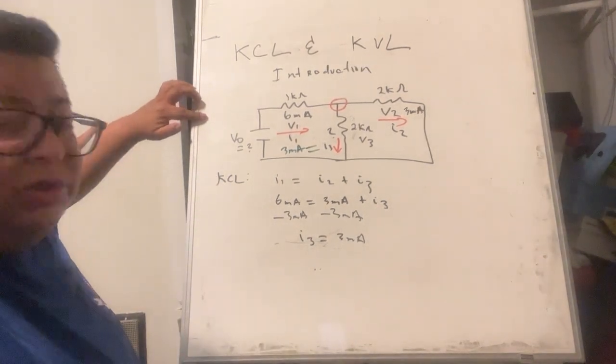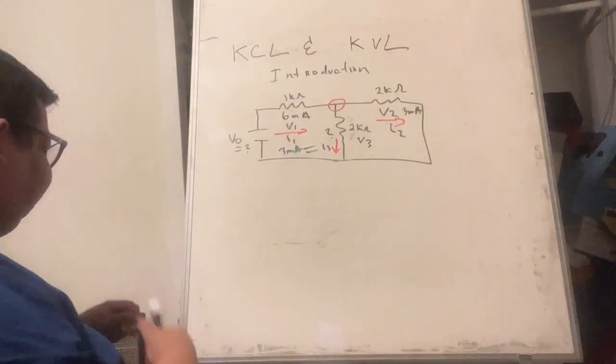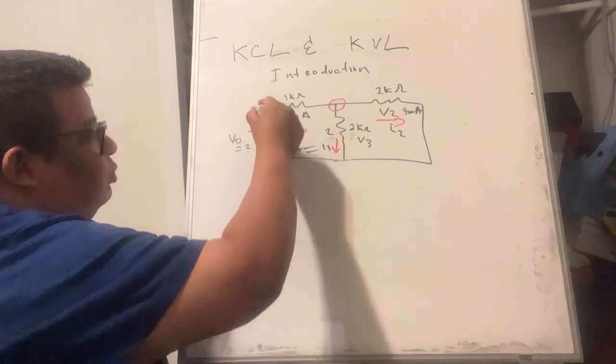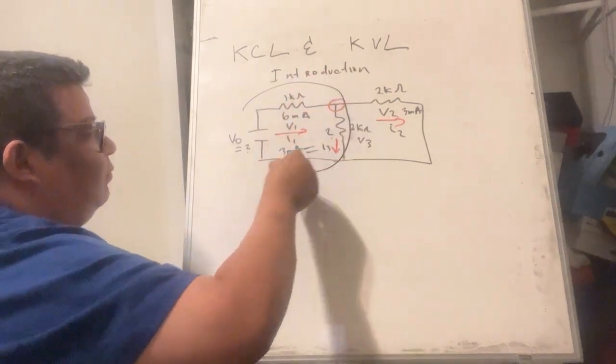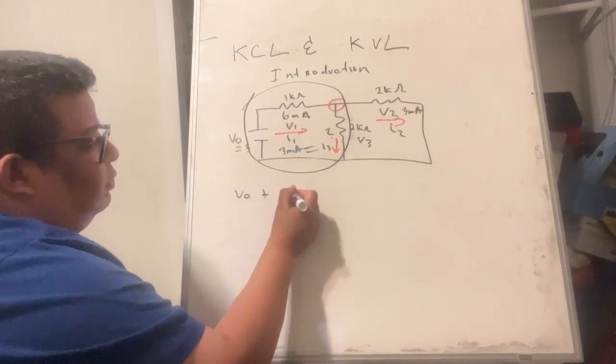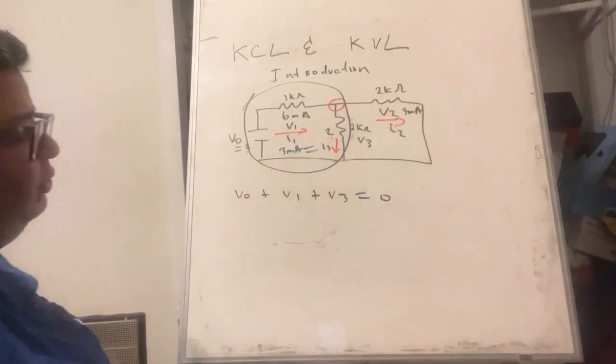The last thing we need to do is find V0. So in a closed loop, let's take this loop here. It says that V0 plus V1 plus V3 has to equal 0.